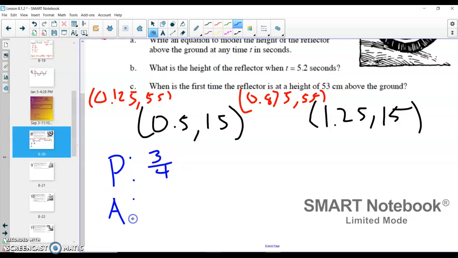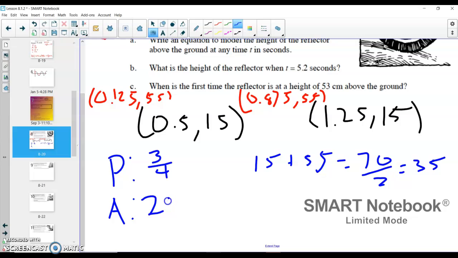The amplitude of this function is going to be, well, I like doing it this way. It's what I've kind of become accustomed to, 15 plus 55. That gives me 70. 70 divided by 2 gives me 35. And then 20 more than 35 brings me to 55. 20 less than 35 brings me down to 15.